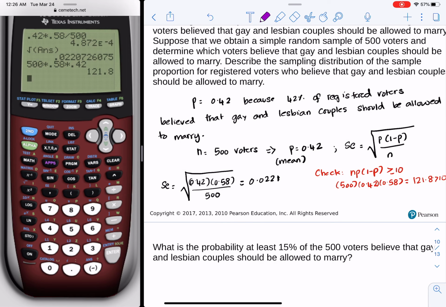The conclusion here is that the sampling distribution for the sample proportion, where n equals 500, is normally distributed. I'm running out of space.